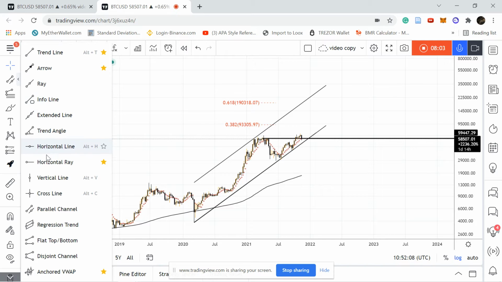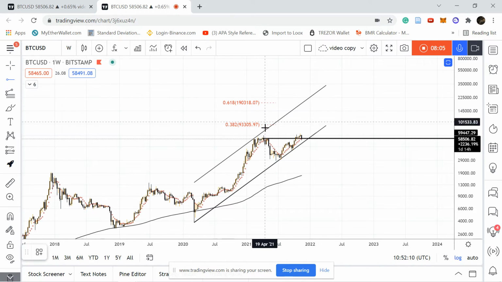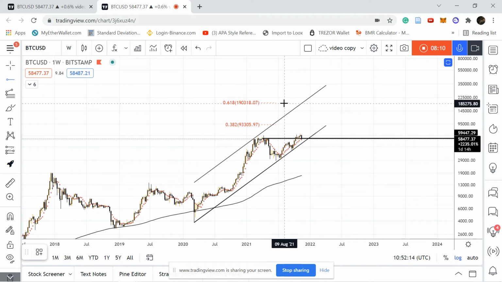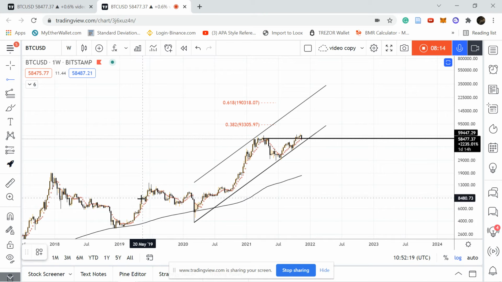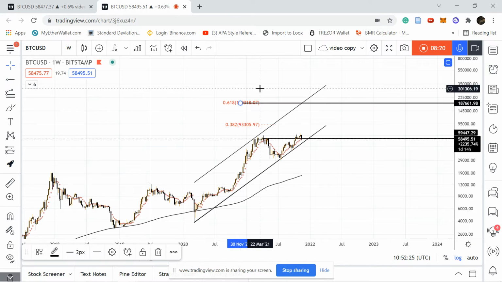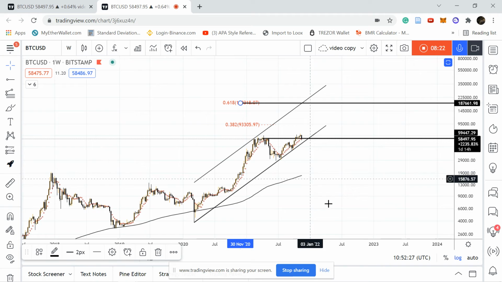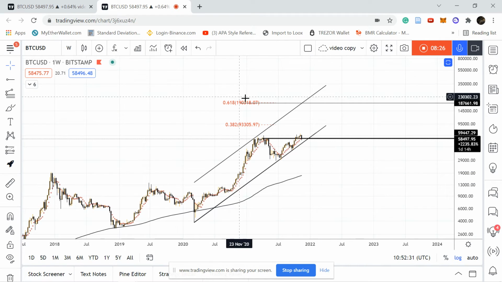Now, usually this length over here is equal to wave 1. This is because we're using the equality principle of Elliott wave. So the most likely scenario is usually wave 5 to finish on 0.618.